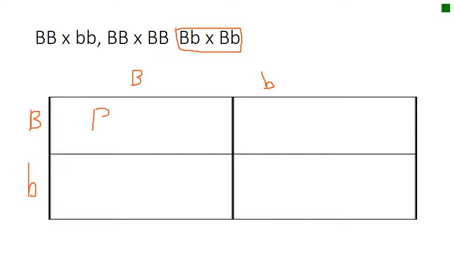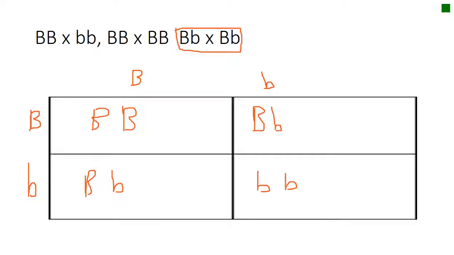We would have big B, big B, big B, little b, big B, little b, and then little b and little b. In this case things are a little bit different in our offspring. Again we do have complete dominance where one allele would mask the other. So we would have 1, 2, 3 out of the 4 total possible offspring.